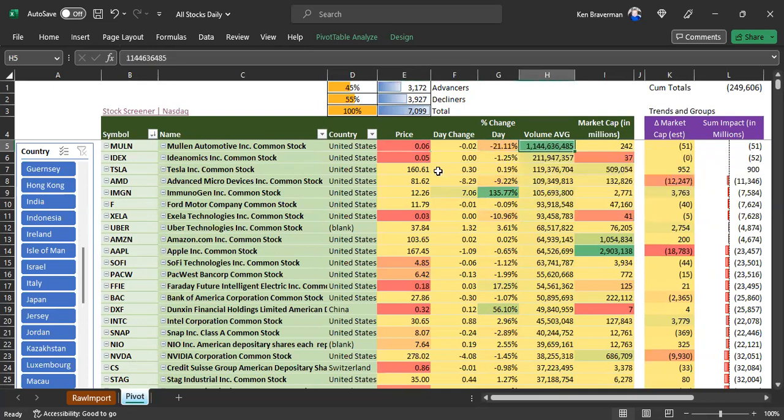So what is going on here? That, if anything, says something funky is going on. Anytime I see a penny stock trading with this kind of insanity, I don't know what to think. I think regulators is what I think. I'm like, this just doesn't look right. So that's another thing this pivot table does, it shows you just weird stuff popping up that probably needs to be looked into.